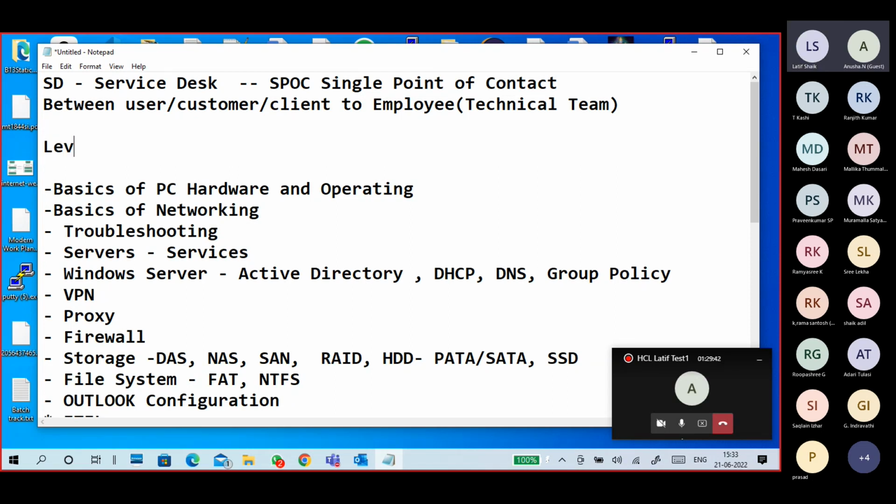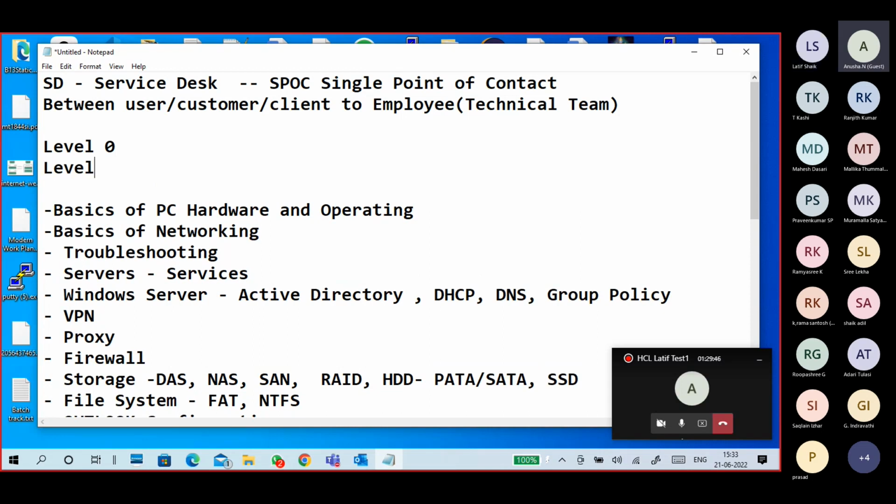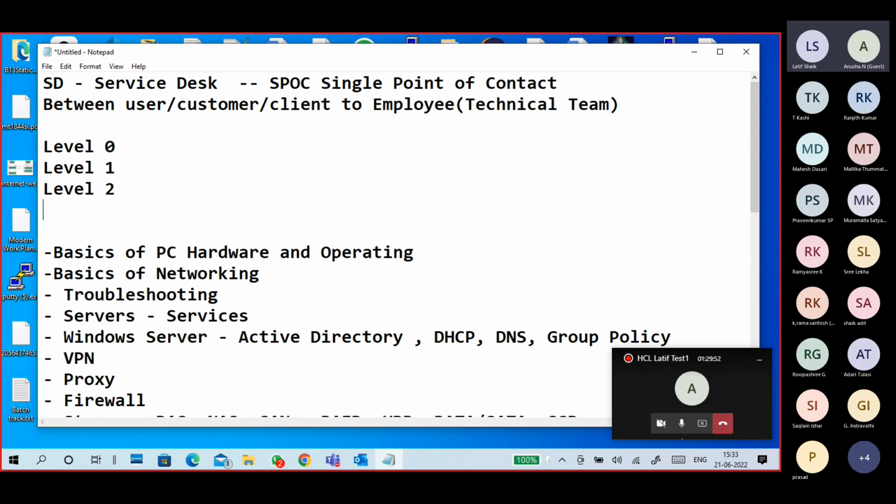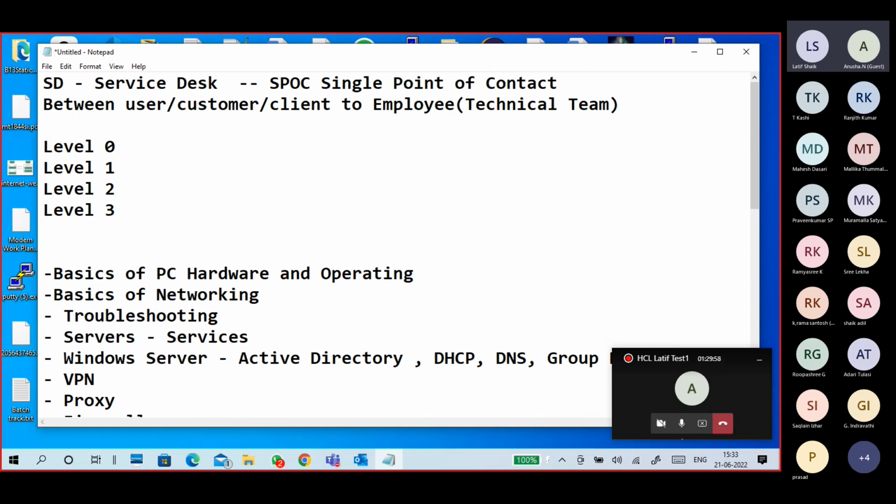Mostly your levels are L0 and L1. Level 2 comes after some experience and technical knowledge; based on that you'll go to L2 and L3.